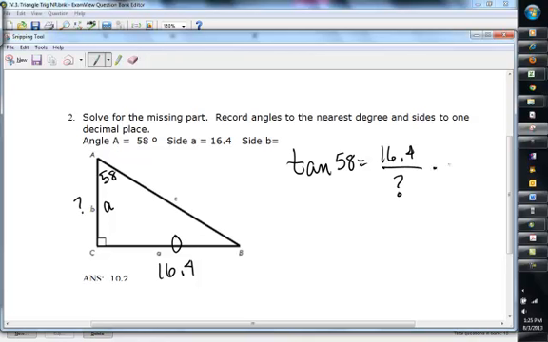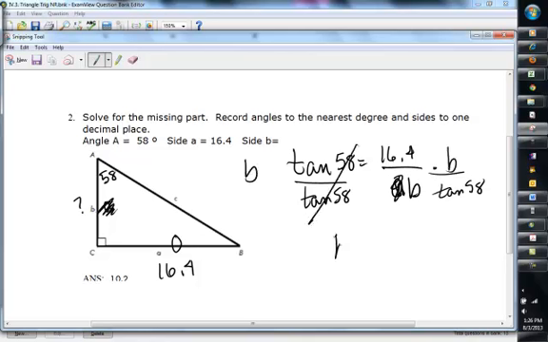Divide both sides by tangent 58, and multiply both sides by B. And we get B equals 16.4 over tangent 58.